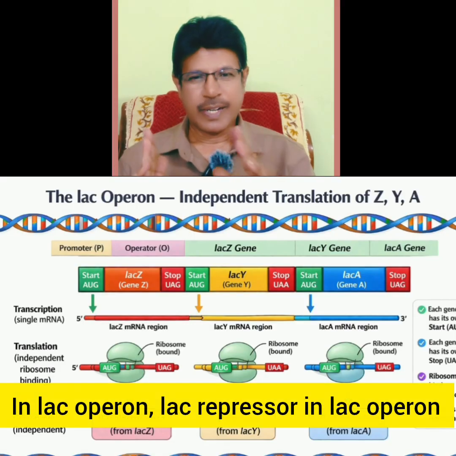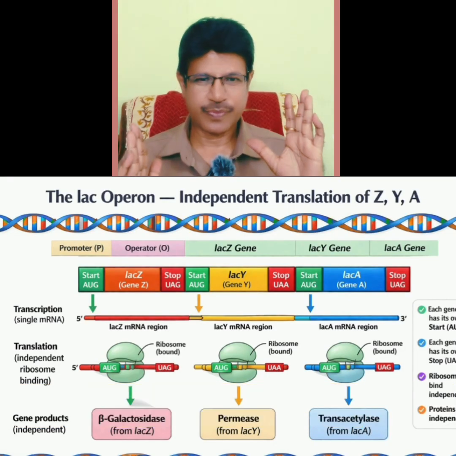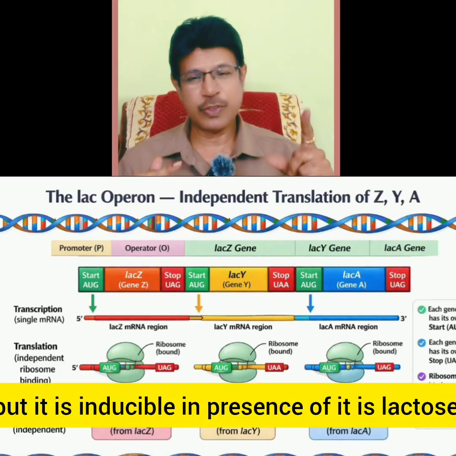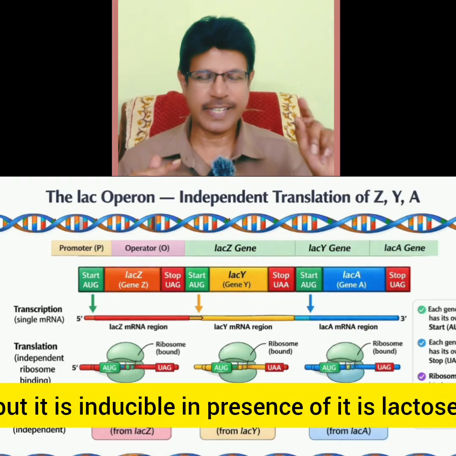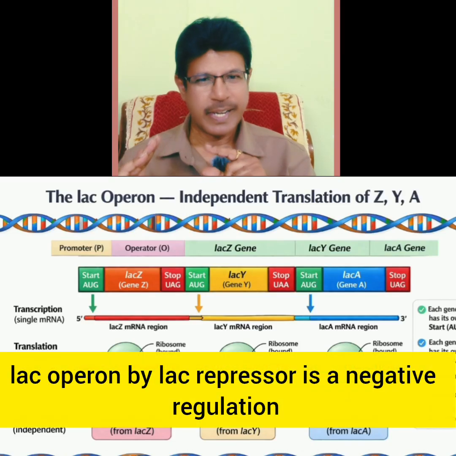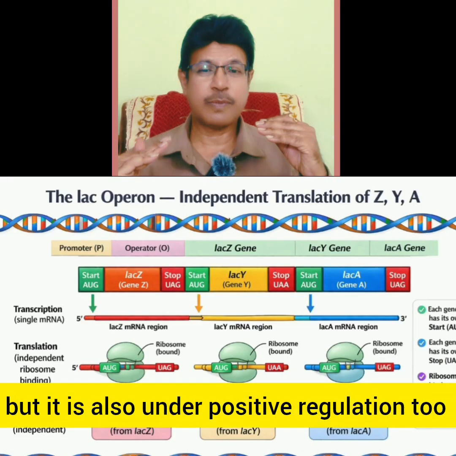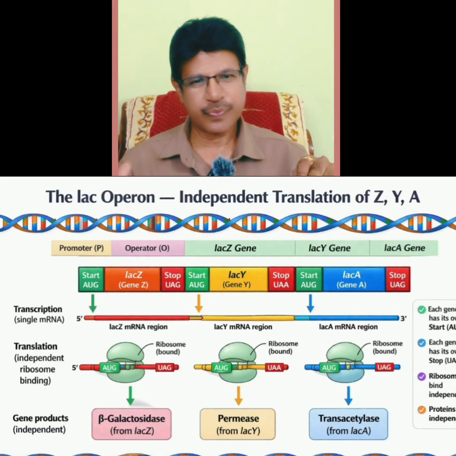Regulation of lac operon by lac repressor is a negative regulation. It is negative, but it is inducible in presence of lactose. So lac operon by lac repressor is a negative regulation, but it is also under positive regulation too.